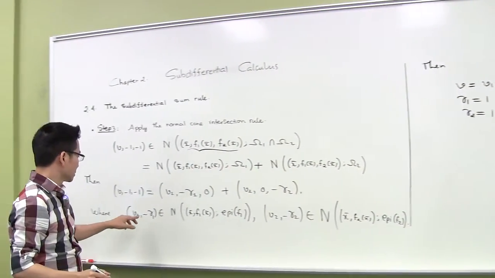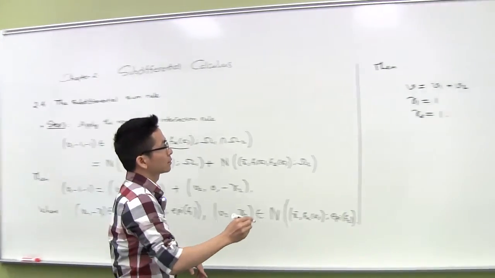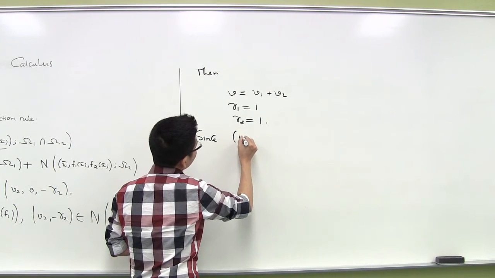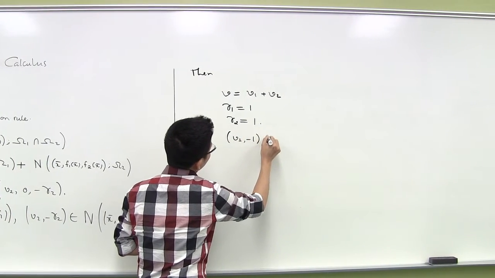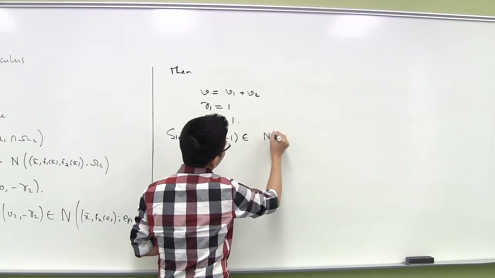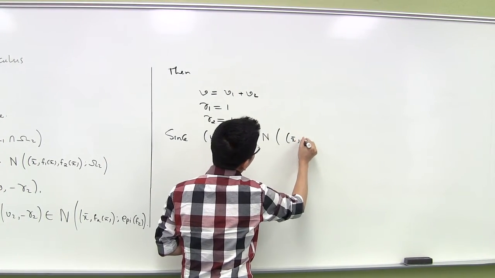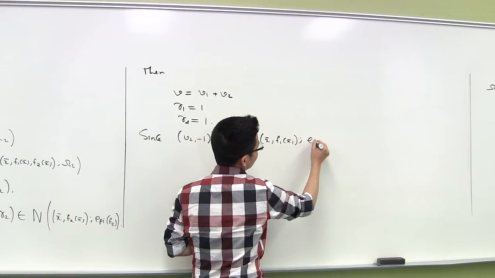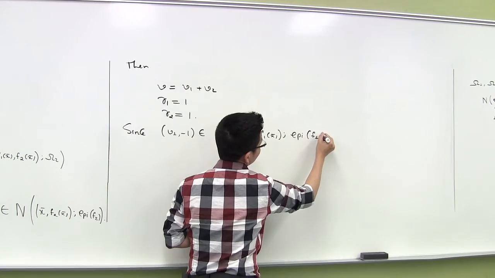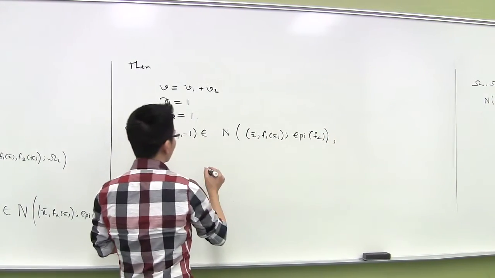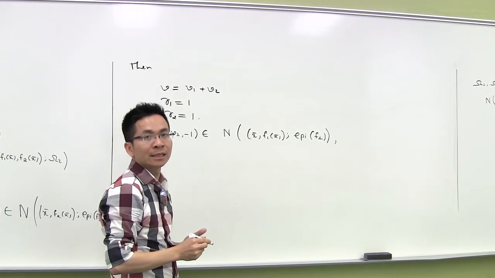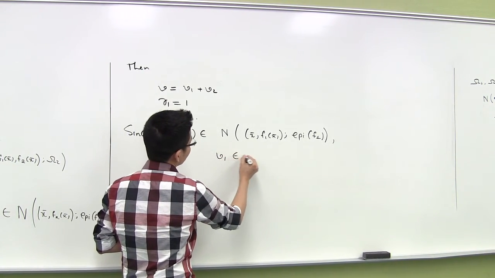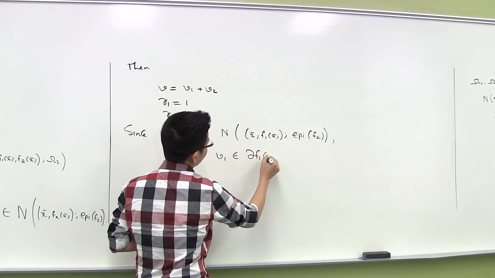Now, we have the following. Since V1 minus 1 belongs to the normal cone to the epigraph of f1 at this point, by the proposition presented at the beginning of the lecture, V1 belongs to the subdifferential of f1 at x bar.